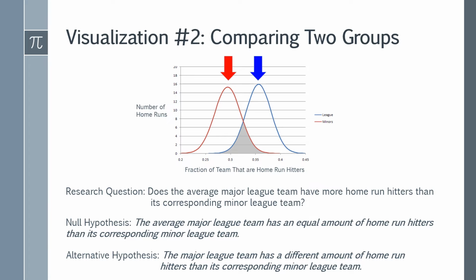The major league team has a different amount of home run hitters than its corresponding minor league team. From the graph, we can see that the major league team does have a higher number of home run hitters. Therefore, there is a difference between the major league and minor league. We can now reject the null hypothesis.